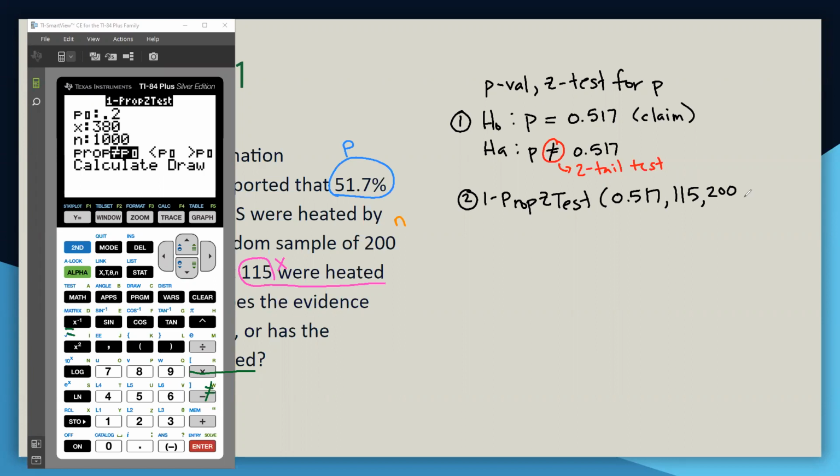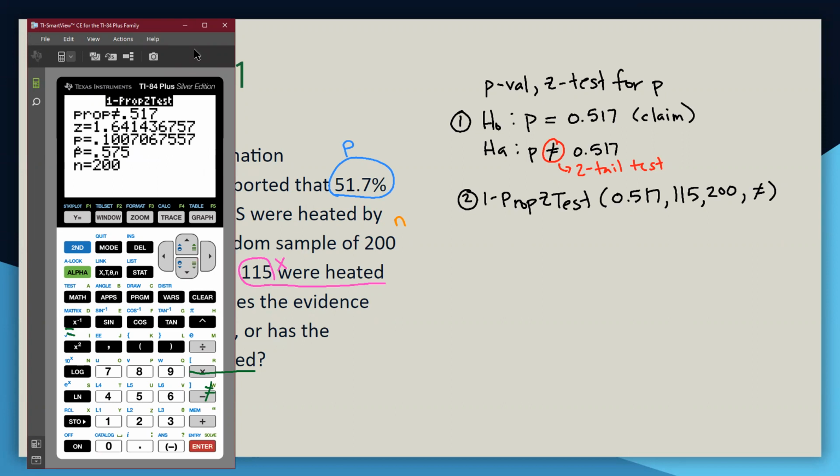Then the last thing it asks for is that tail. What does our tail look like? And we're doing a difference. So let's enter that same information in our calculator. Oops.